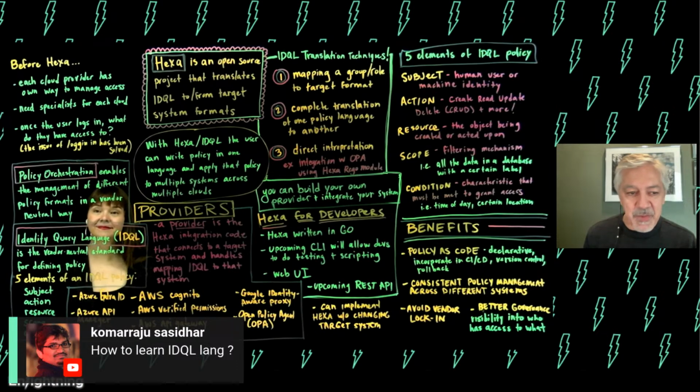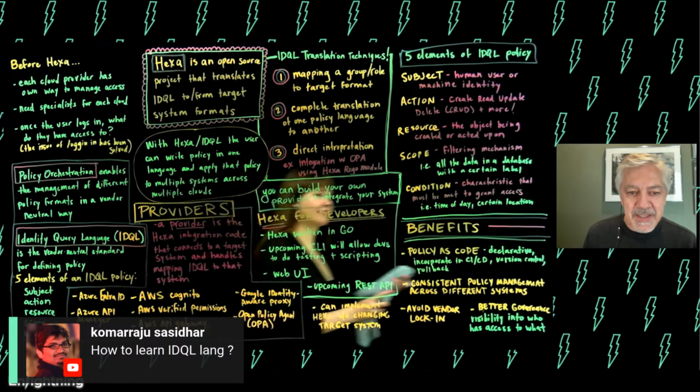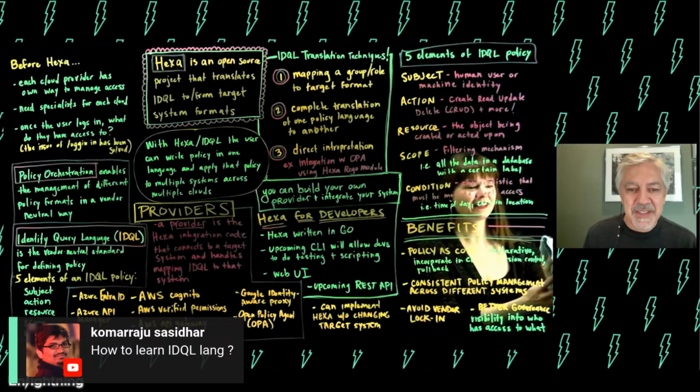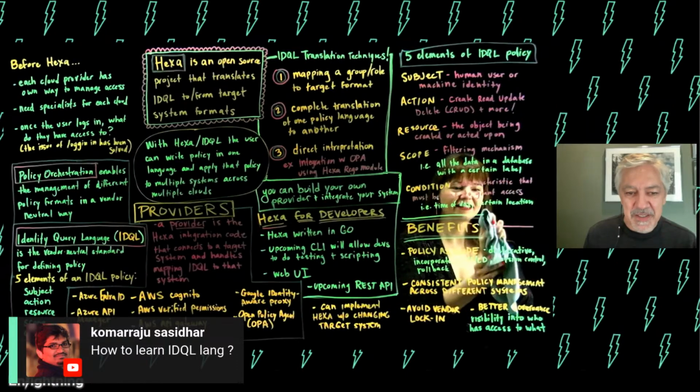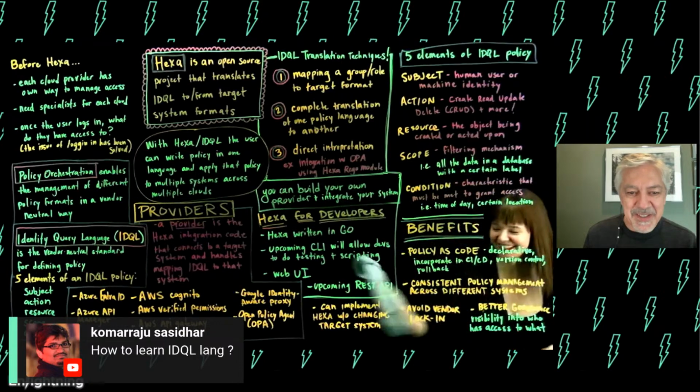And of course, you can reach out directly to us and we're happy to do a one-on-one with you to show you more. Cool. And hexaorchestration.org is the policy website. Is that correct? Right. And the repo is on GitHub, hexa-org, where you'll find the code there.